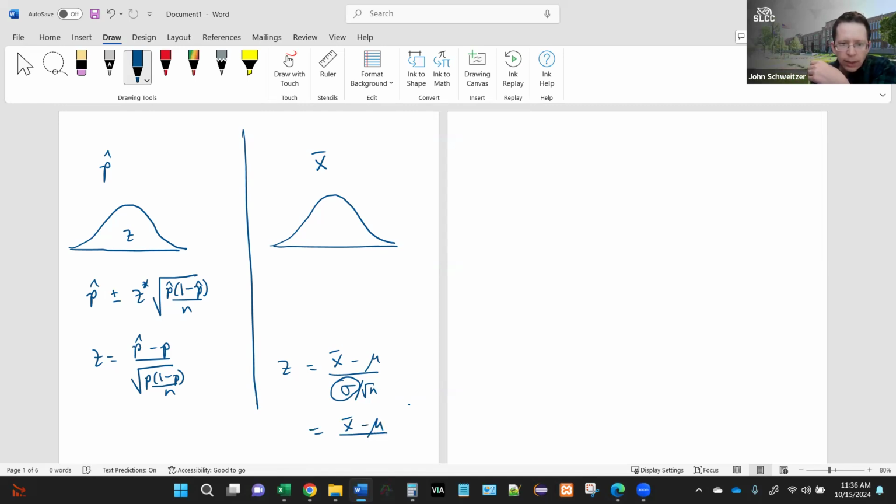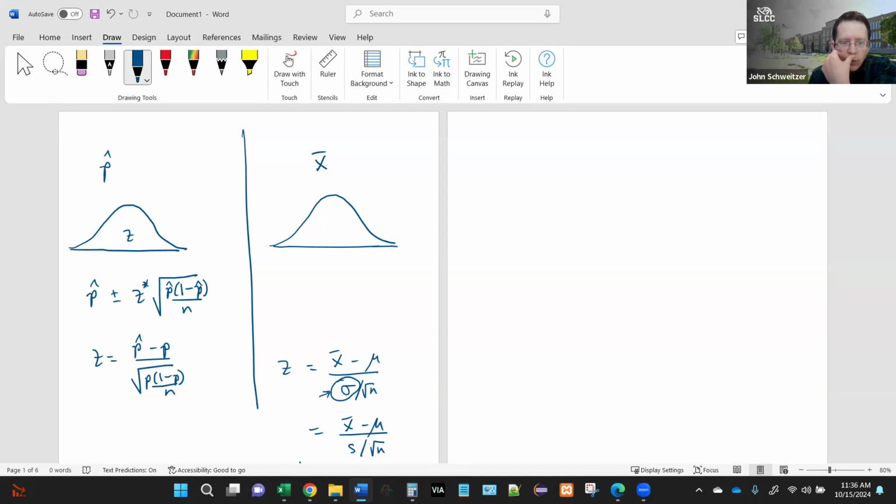We estimate sigma by using the sample standard deviation. When you take a sample, you will have a sample standard deviation, right? And so we can use S to estimate sigma. But mathematical statisticians from the 20th century pretty quickly realized that this actually leads to other problems.